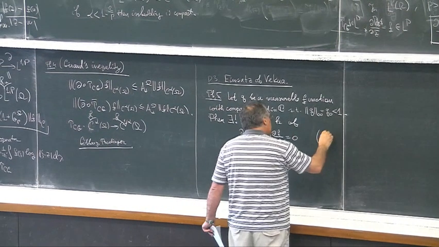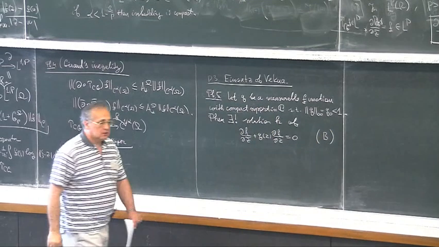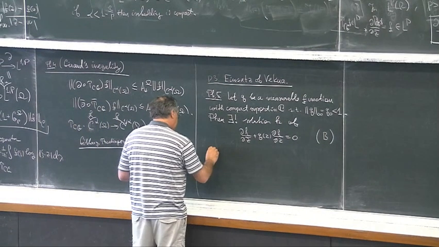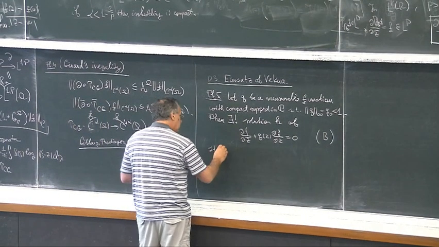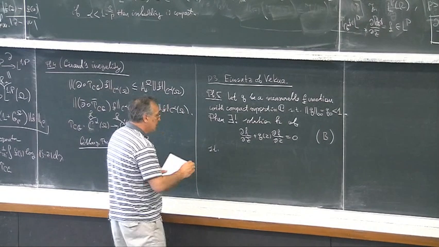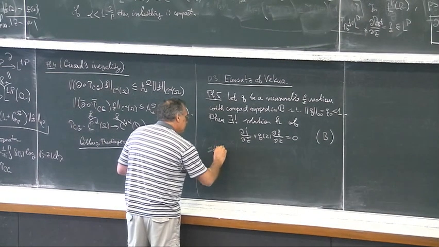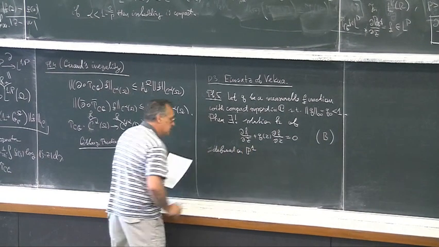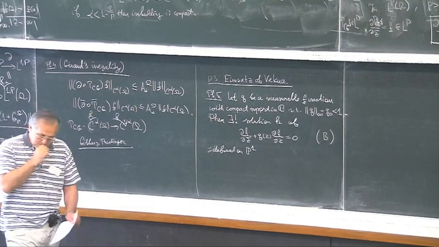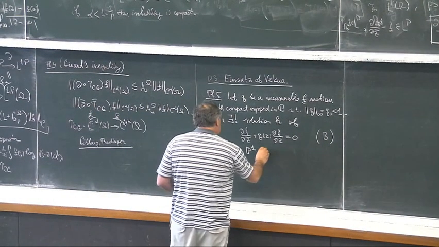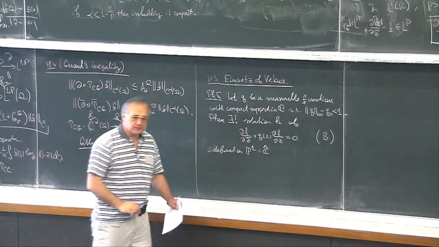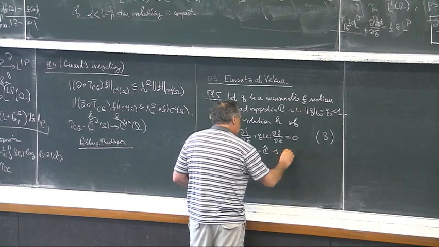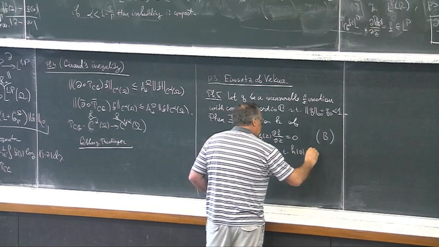Let me give this equation the mark B, such that the solution H is defined on the whole projective line P1, the Riemann sphere, and H of 0 is 0.